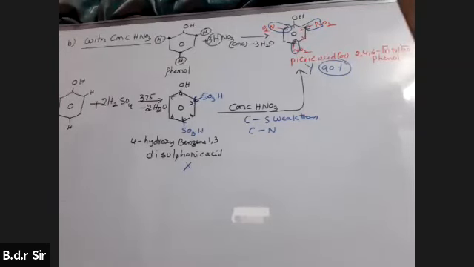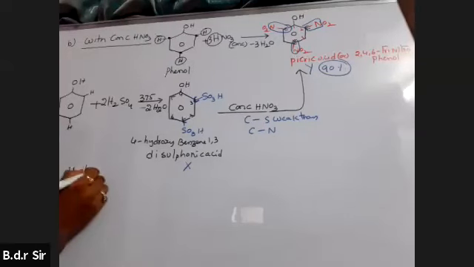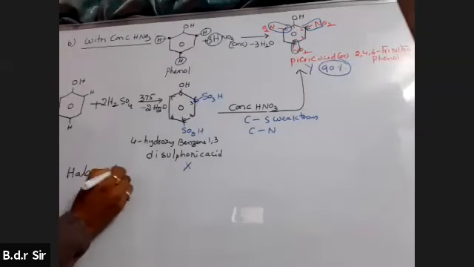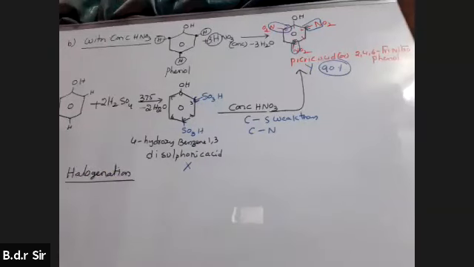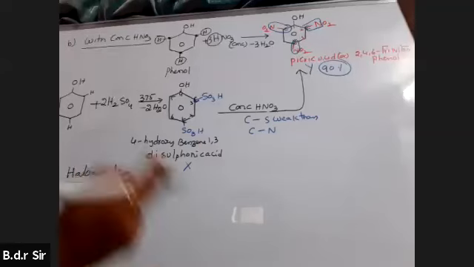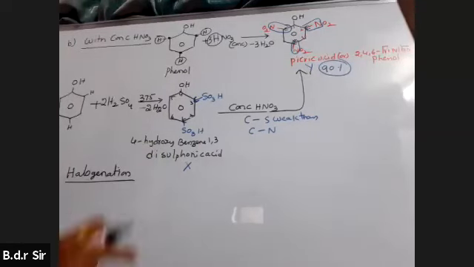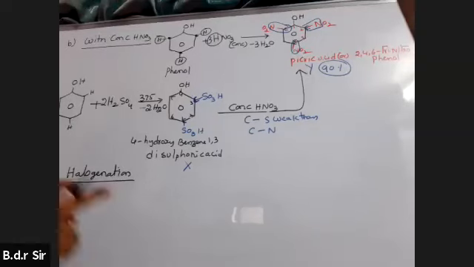Next, the second one: halogenation. Nitration means the NO2 group attacks at the ortho para position. Halogenation means the halogen attacks at the ortho para position.